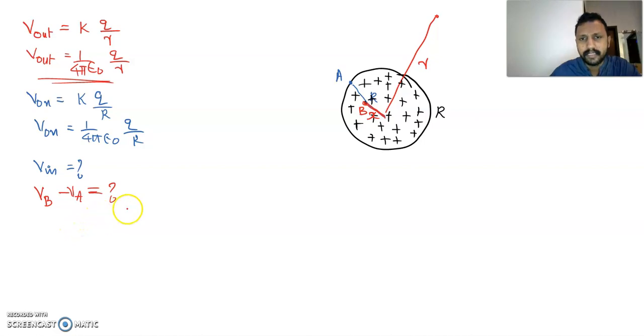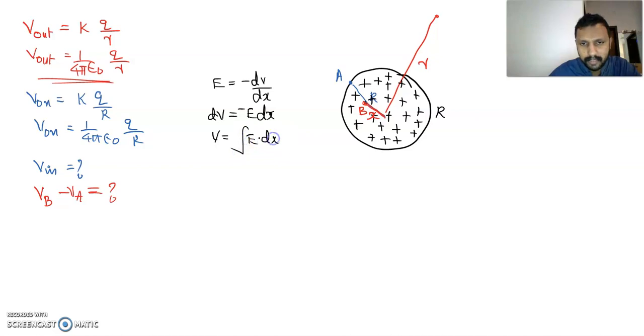For calculating it, let's recall some basic expressions. We know electric field intensity is the negative gradient of potential, that is E equals minus dV by dx. From this equation we could write dV equals minus E dx, and V is equal to minus integral of E dx.